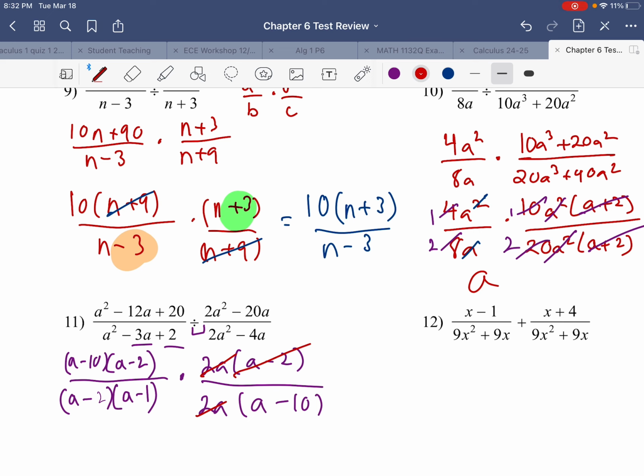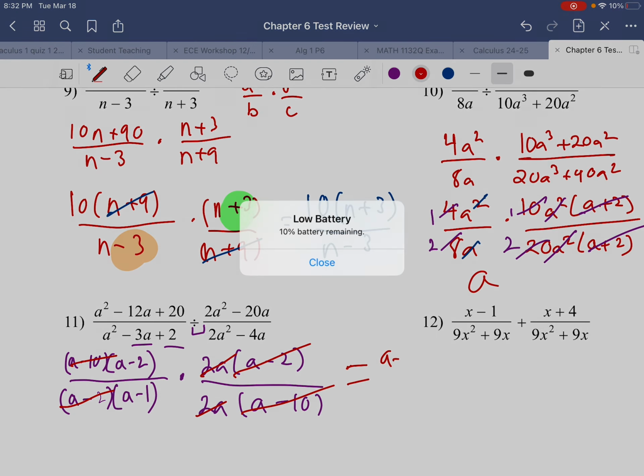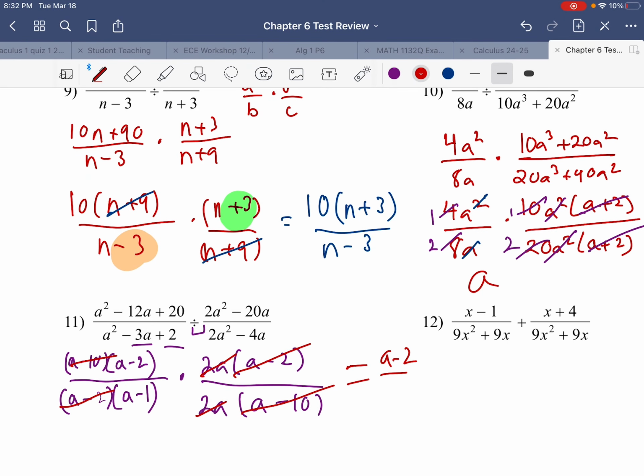A minus 2 and a minus 2 cancel. A minus 10 and a minus 10 do as well. And I'm left over with a minus 2 over a minus 1.